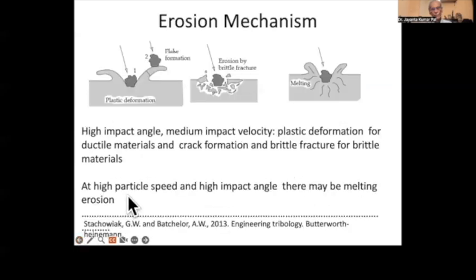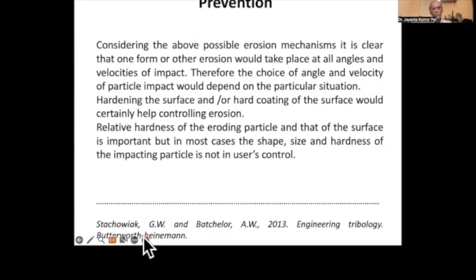There's another type of wear that we discuss here. If the particle velocity is high and impact angle is also high, then there may be melting. If melting occurs, then of course this is a different type of wear, because molten metal will flow out and eventually it will solidify and come out. So we have discussed here 5 types of erosion mechanism, and depending on the type of mechanism, we have to prevent it.